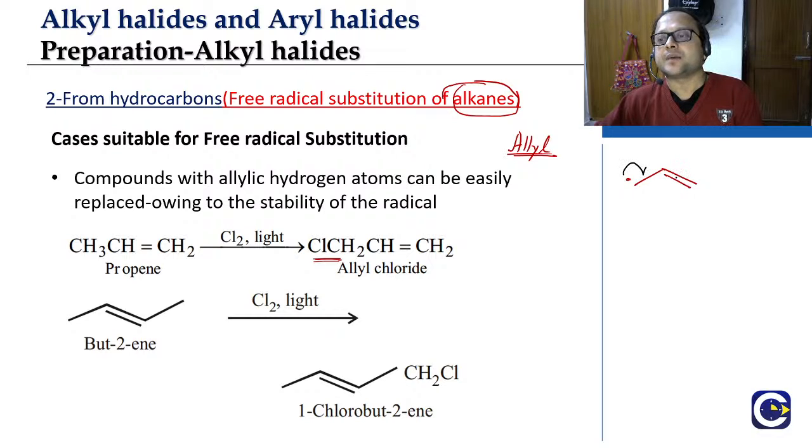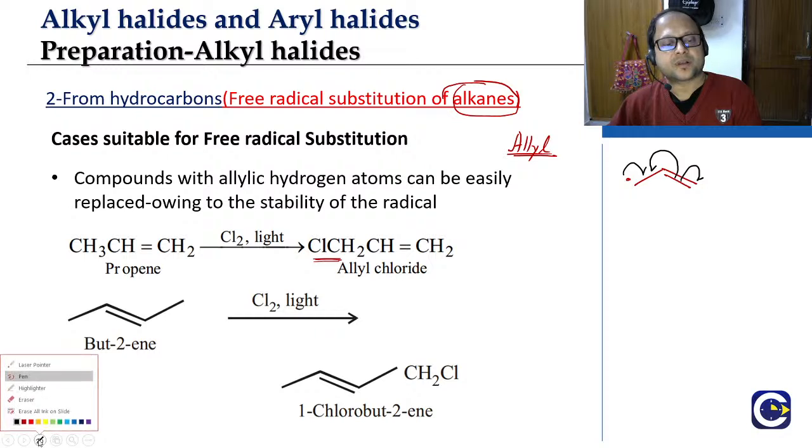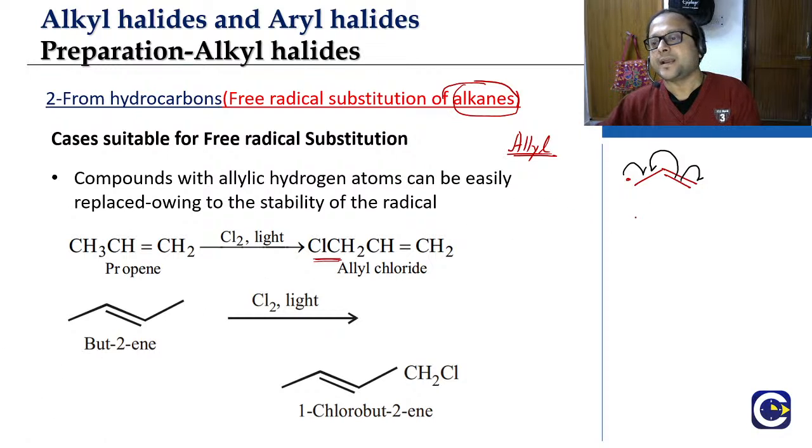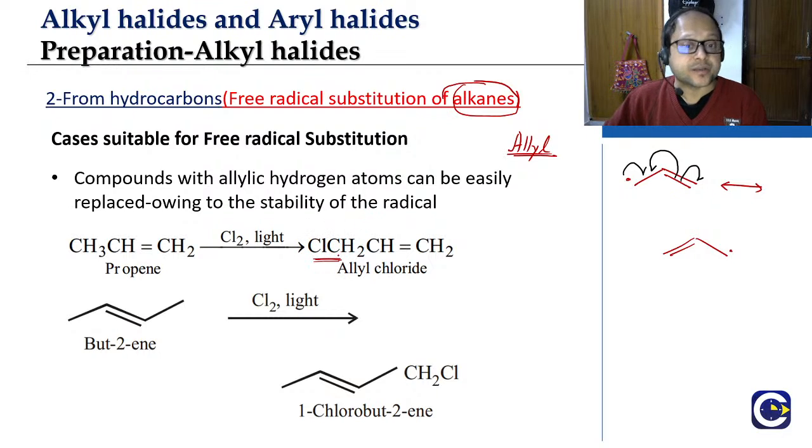Like this will come over here, this can come here, and it can move over there. So what do we have? We have the other structure as this. So you can see that here you have got 2 resonating structures, and hence the stability of this allyl free radical is quite good. So you always get the allylic position occupied by the incoming halogen, right?